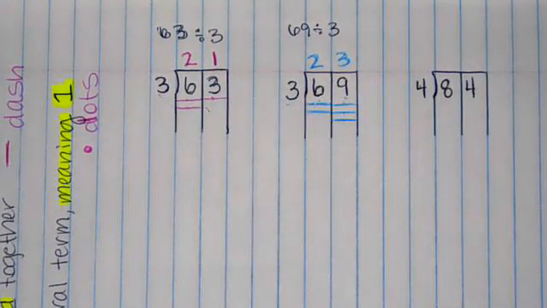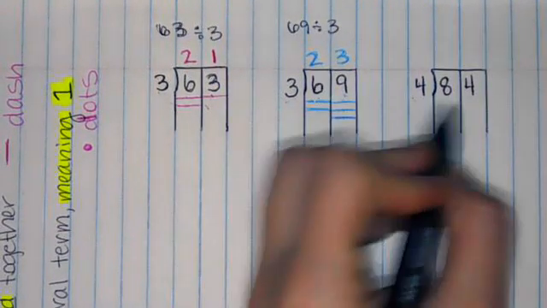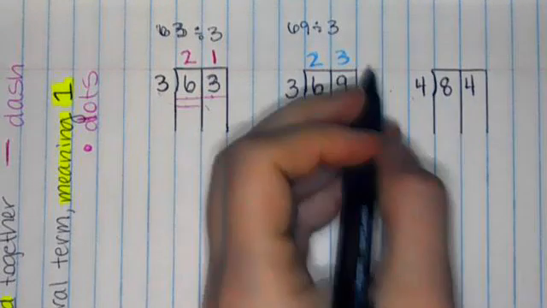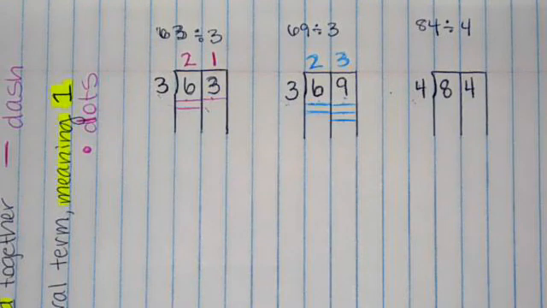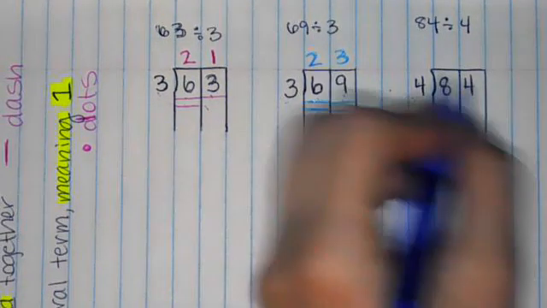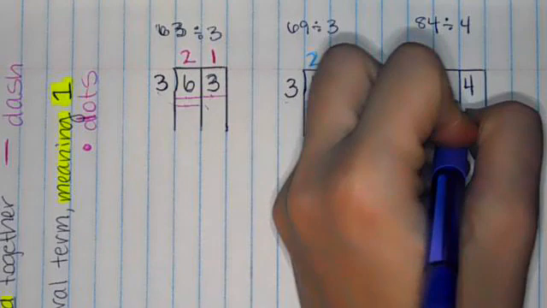The next example that I'm going to use is 84 divided by 4. So I can write that up on top so that we can see that better. 84 divided by 4. All right. I have 8 divided by 4. 4 times 1 is 4. 4 times 2 is 8. 2 dashes.